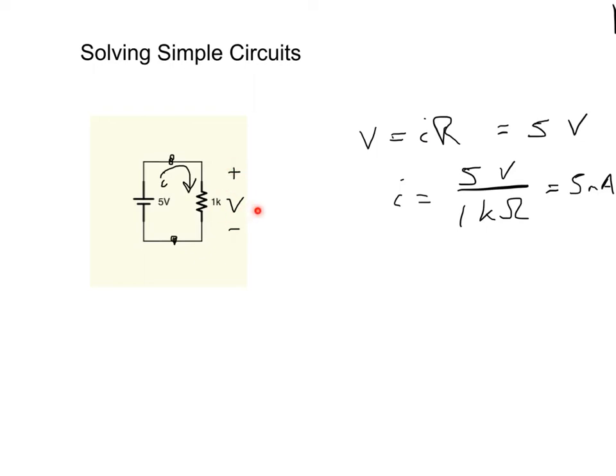This V means this V, and that's the voltage I know to start with to be 5 volts because it's the same as this voltage here. And then I want to find the current, and remember the current goes through the resistor. Again, I always want to make sure it goes into the plus and comes out at the minus sign.